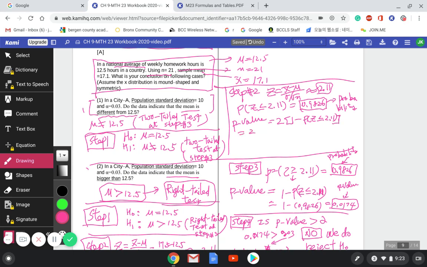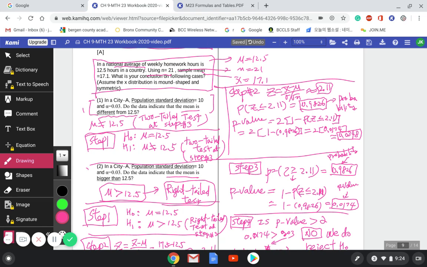So when you do that, it becomes 2 times 1 minus 0.9826, which is 2 times the result of 1 minus 0.9826, which is 0.0174, right? 0.0174. So 2 times that becomes 0.0348. So that's the p-value after you do a two-tailed test.